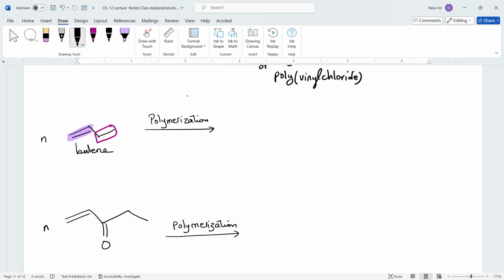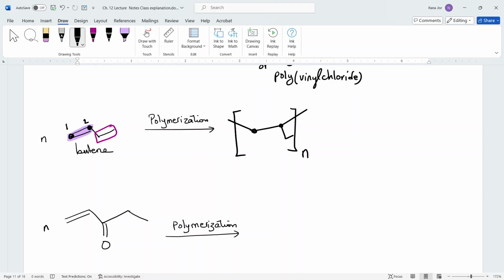So in order now to draw that, I'm gonna go ahead and draw my 2 carbons. So these are my 2 carbons. I'm gonna go ahead and draw them, and then draw 2 lines in here and open the brackets. This is the N. And if you want to number this, on the second carbon I do have my ethyl group. So I'm just going to go ahead and place my ethyl group in here. And that is going to be my repeating unit in there.